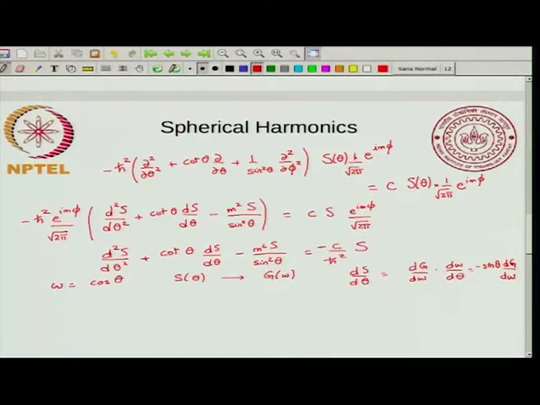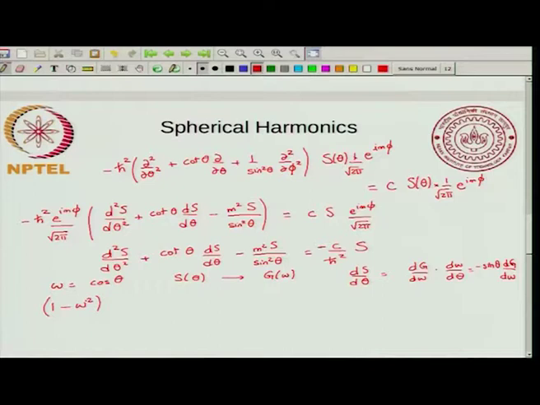I can use this iteratively, and I make all these substitutions and put them in this equation. The minus sine square theta eventually cancels this factor. So you will get a differential equation in the following form. I will just write the final equation; you can easily work it out. You will get 1 minus w square. The sine square theta gives you 1 minus cos square theta.